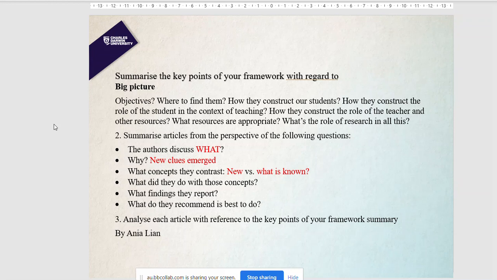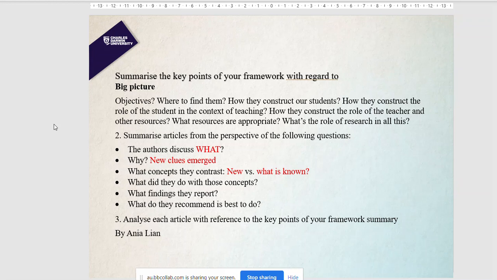Each article would have its own summary, unless two or three articles do the same thing. So you can say Lyon and Smith, Smith and Peterson, whatever others, do the same thing, and then you can collate them together. But otherwise, I would like you to follow this process.